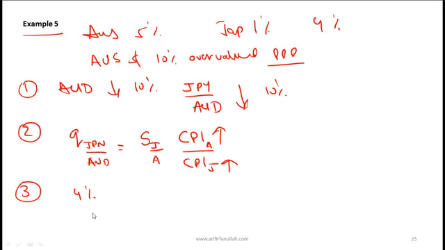And finally, which of the following would best explain the failure of the absolute version of PPP to hold? And here, option A, inflation varies across countries. That's not the correct answer. B is not correct. So you actually need to memorize the fact, or it's rather obvious anyway, that the reason absolute PPP does not hold is that trade barriers exist and different product mixes are consumed across different countries.